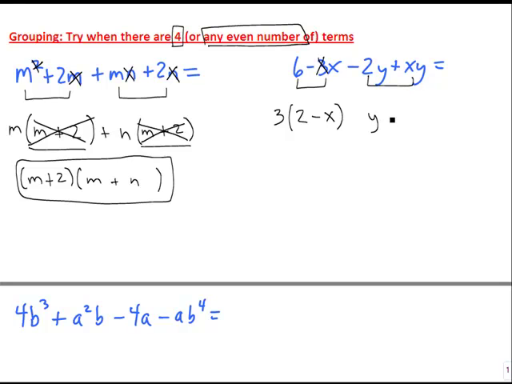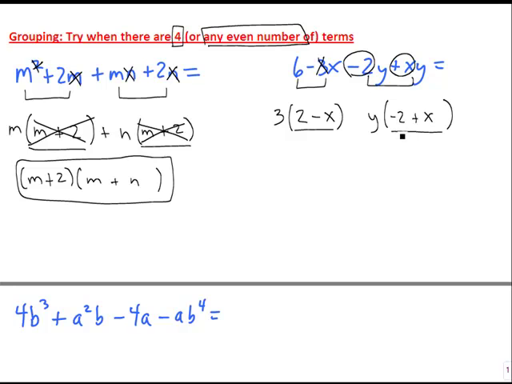so I could pull out a y. Now initially, if I just pull out the y, then I'd be left with a negative 2 and a plus x. And this isn't quite what we want, because if you compare what's in the parentheses here to what's in the parentheses here, they are almost the same, but they're opposites.